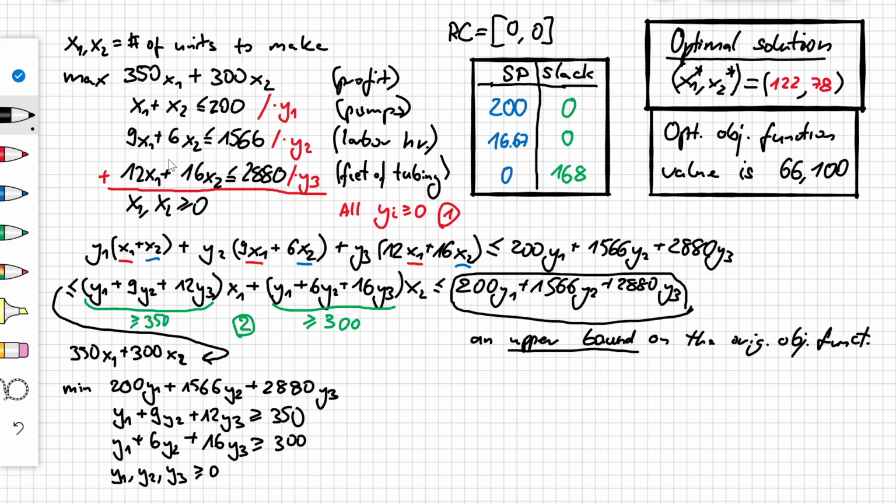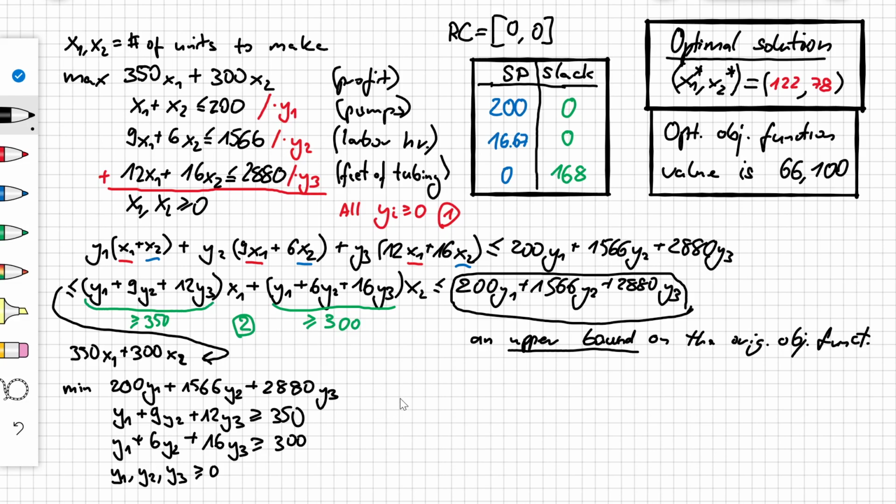And the coefficients in the A matrix are the same, except they are transposed. What was in the rows, 1, 1, 9, 6, 12, 16, is now in the columns. So this model actually uses the same data, but it is transposed. We had before 2 decision variables and 3 constraints. Now we have 3 decision variables and 2 constraints.